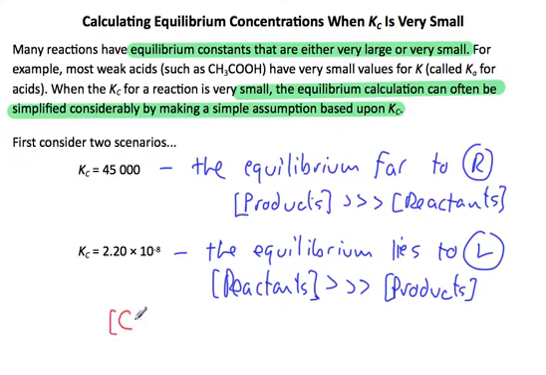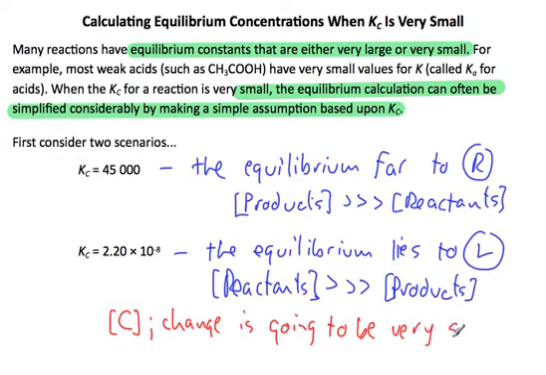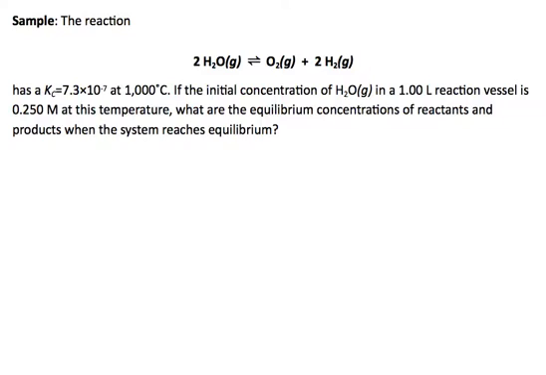So that C, or change in our ICE table, is going to be very small. And we use that fact to make our assumption. And so why don't we find out how that's going to work?